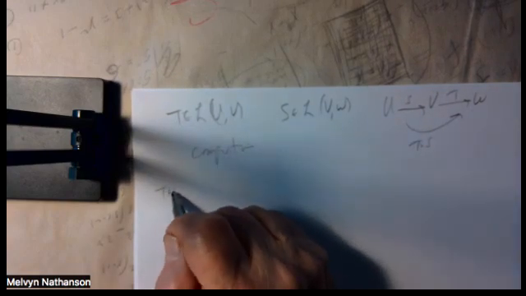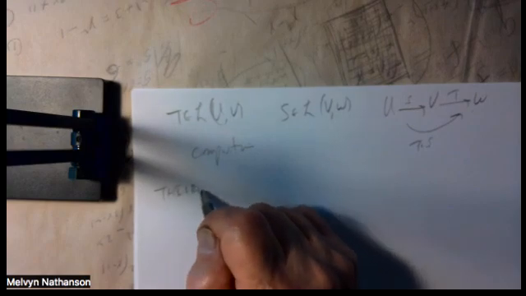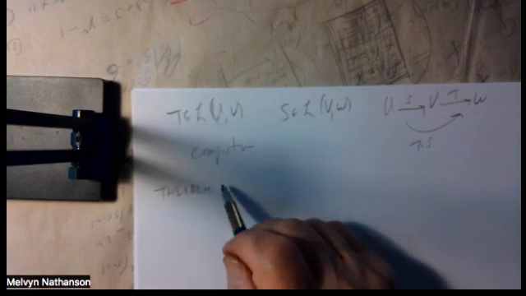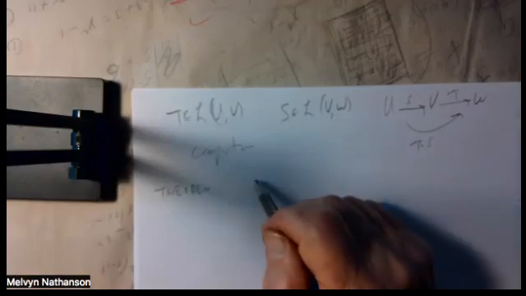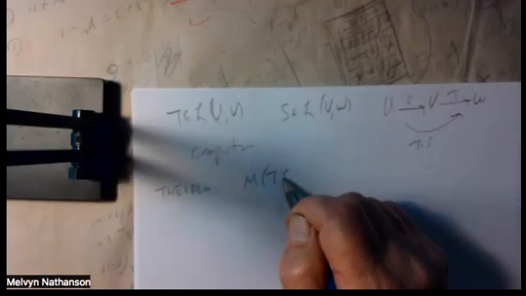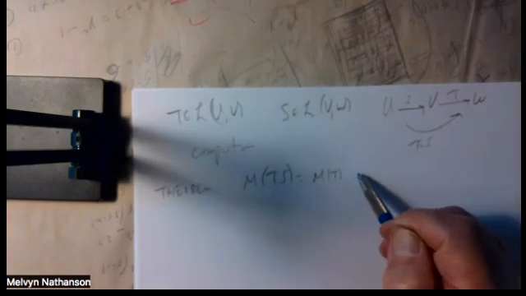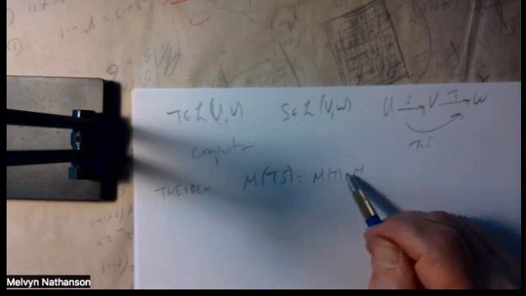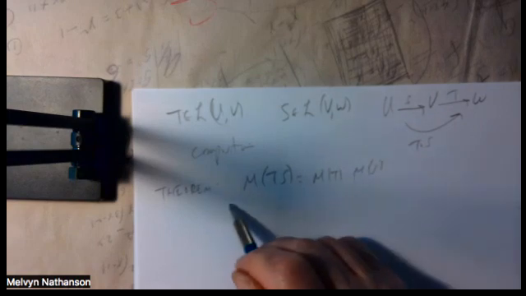And the big theorem about matrix multiplication and linear maps says that the matrix of the composition is the product of the matrices.